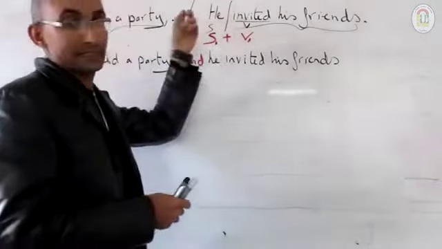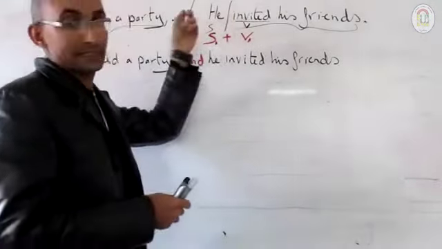Now, is this clause complete or not? Can I stop in it? John had a party. Full stop. It's correct, complete and meaningful. And the other one, he invited his friends. Full stop. Complete or not? Complete and also meaningful. It can be independent by itself.